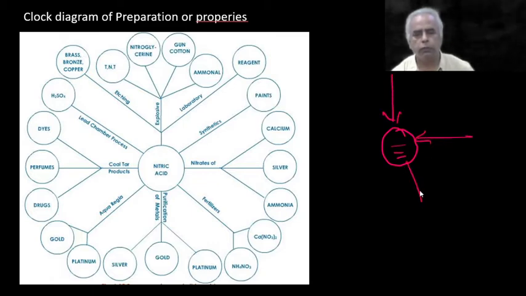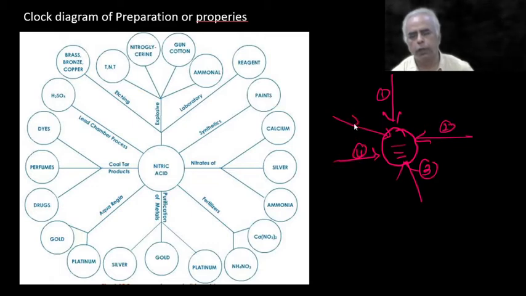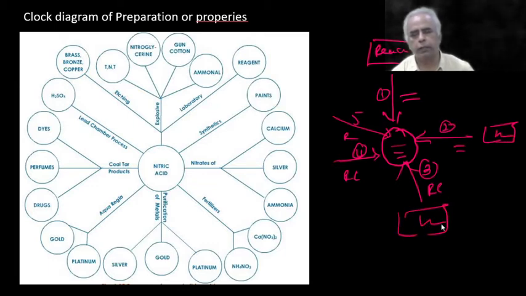If there are 5 methods of preparation, you can put 5 arrows like this, and distribute them evenly. Just put the preparation number 1, 2, 3, 4, 5. And the reaction conditions can be given here, so that from where it is going to be obtained. So this is the reactant part. Likewise you can introduce what are the reactants and reagents.